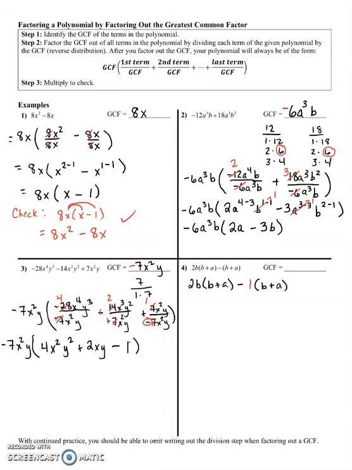Now, what do each of those two terms have in common? They have a b plus a in parentheses in common. So our greatest common factor is the b plus a.